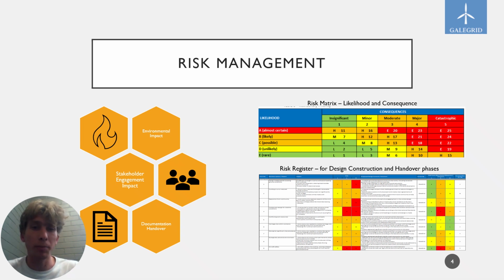Thus, through the risk matrix shown here, each of these risks has a mitigation plan developed in the risk register underneath. Each key risk falls into either the design, construction or handover phase, implementing mitigation strategies according to their priority within the project timeline. Given these risk considerations, Shiva will now discuss the proposed project scheduling and costing.